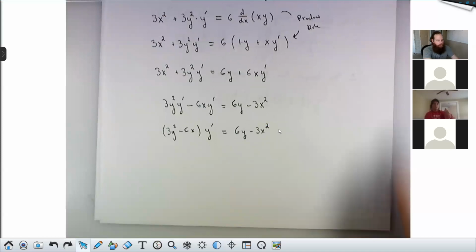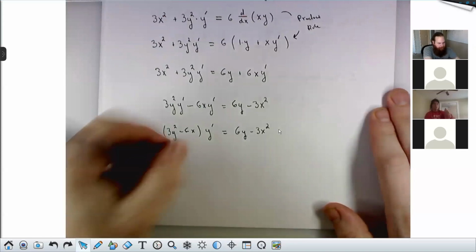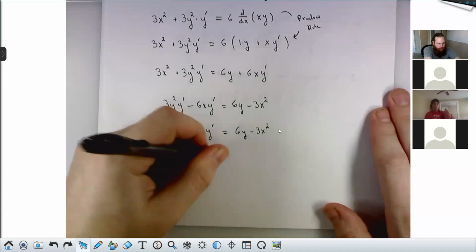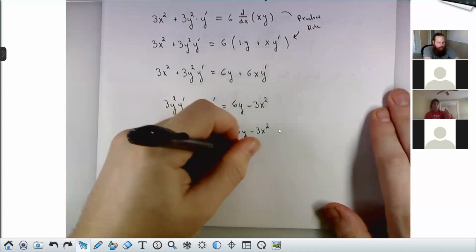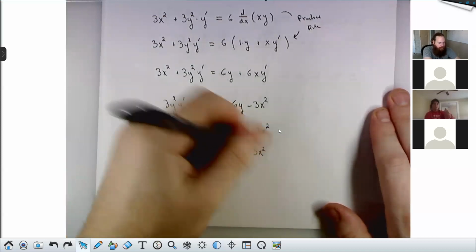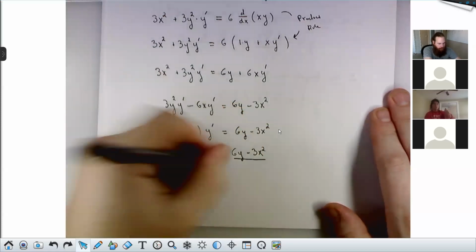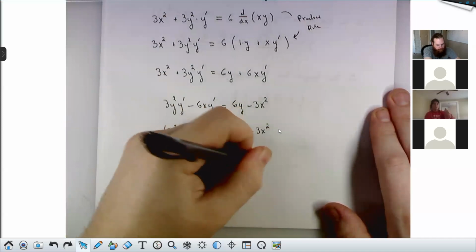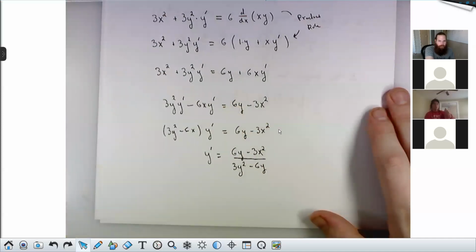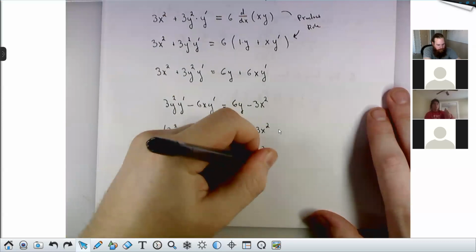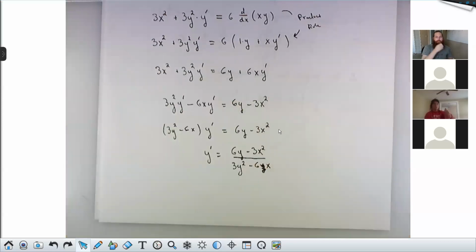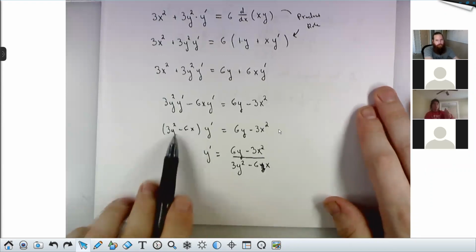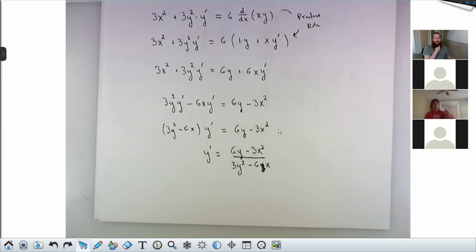And now I can divide over by this piece to get y prime equals 6y minus 3x squared over 3y squared minus 6x. So I'm just dividing both sides by this piece. And that's it. That's y prime.